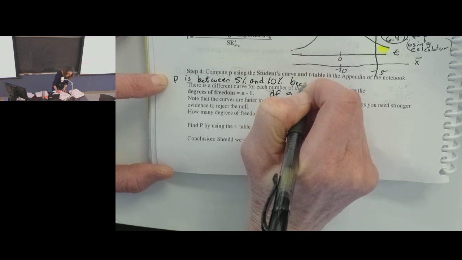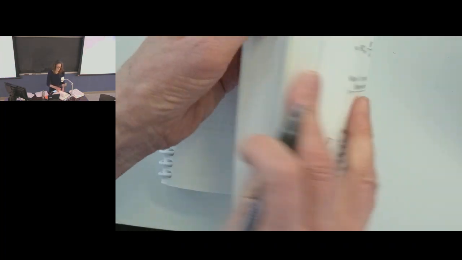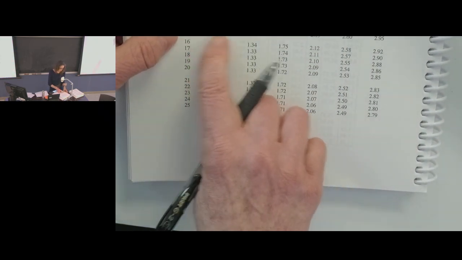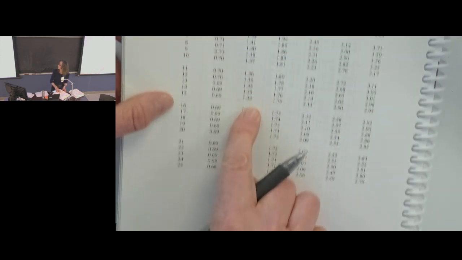Because 1.61 is between, oh gosh, now I forget the two values. Sorry. Is between those two values, which were, for 15 degrees of freedom, 1.34 and 1.75.